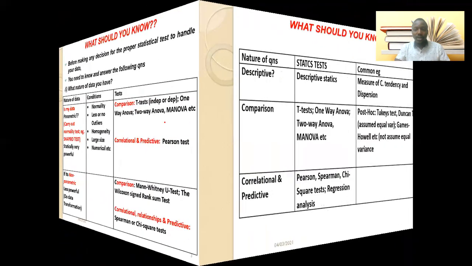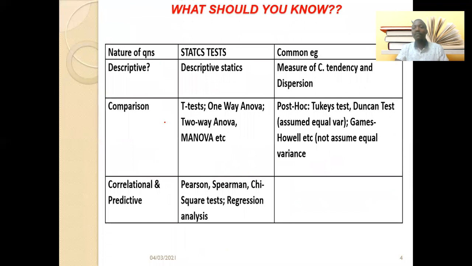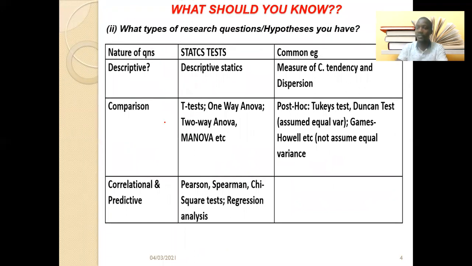Another issue that we need to ask ourselves, the second question, is what type of research question or hypothesis do I have with my study? The kind of research question decides the kind of statistical test to be used.